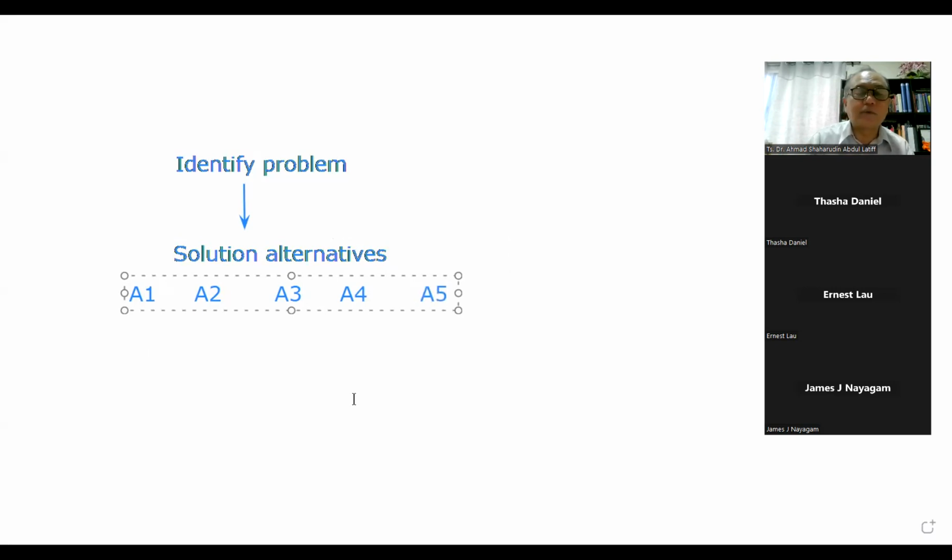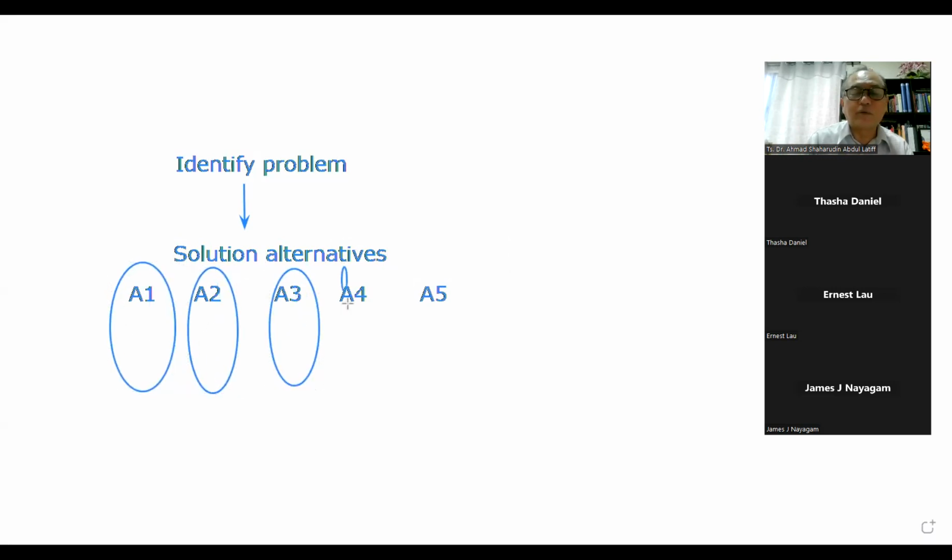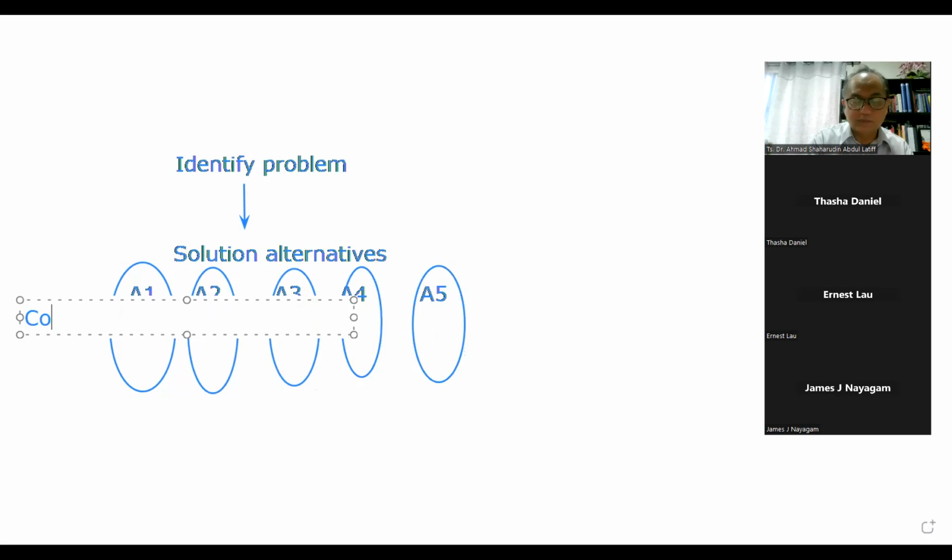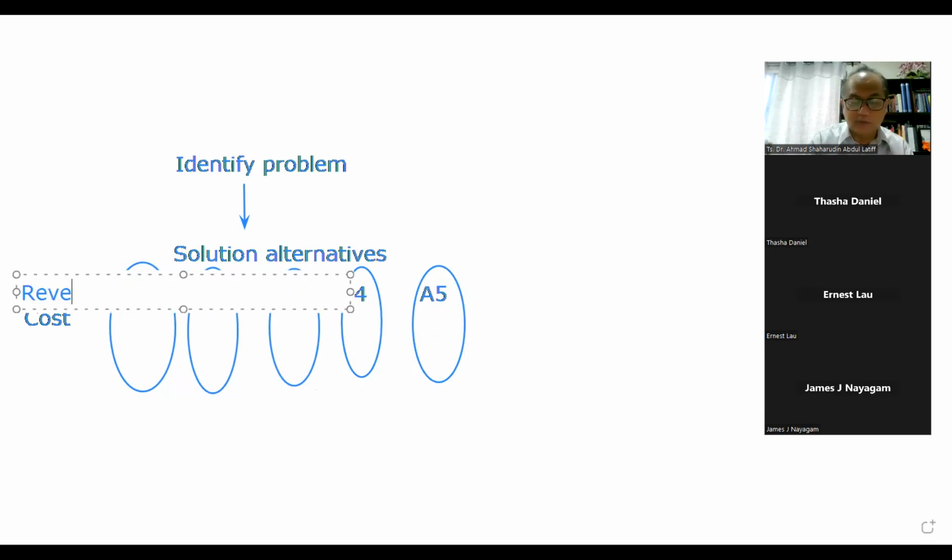So each alternative will have, for example, some cost, and we'll have some revenue.